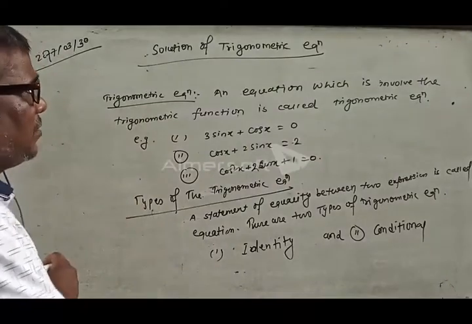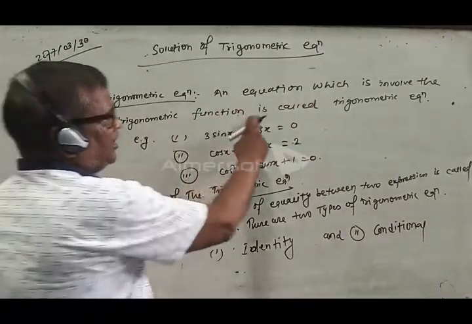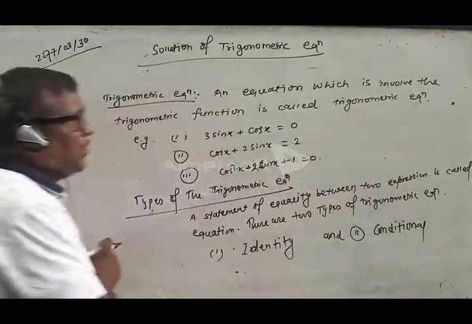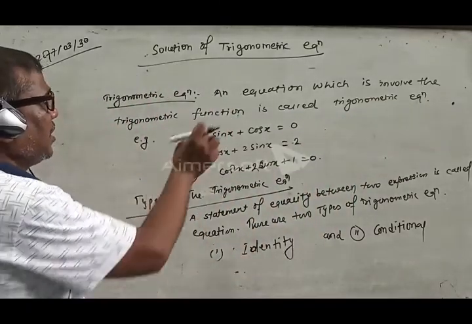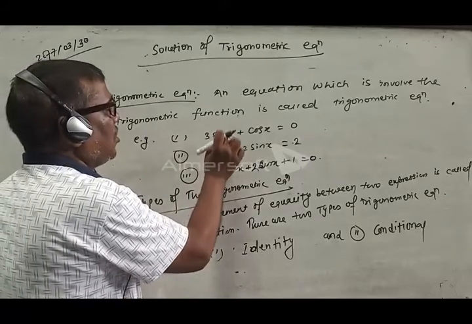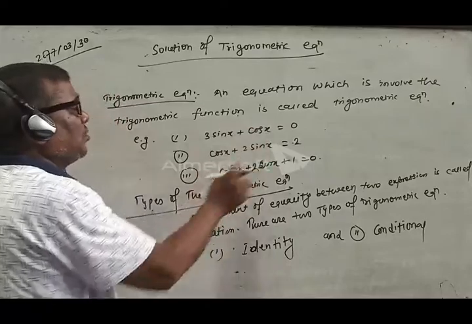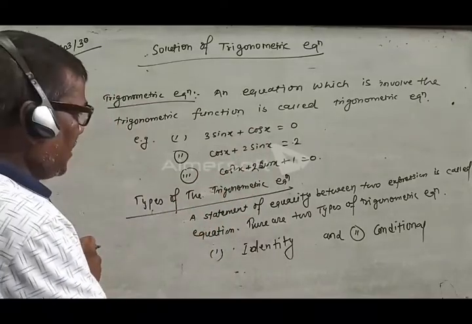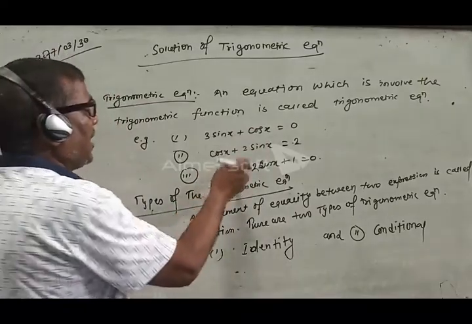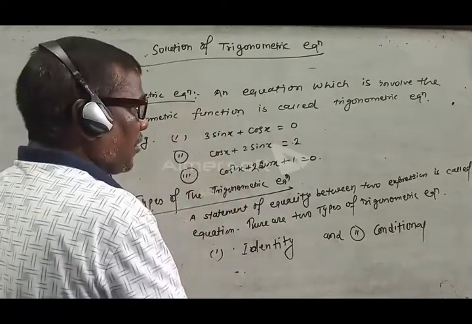What is a trigonometrical equation? An equation which involves a trigonometrical function is called a trigonometrical equation. This means the given equation involves sine, cos, tan, sec, cosec. It is also known as a trigonometrical equation in the form of a square, quadratic, cubic, or higher power.